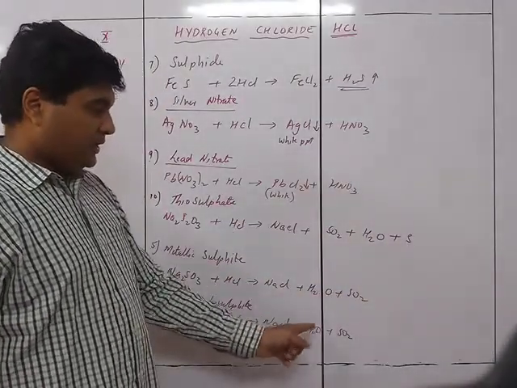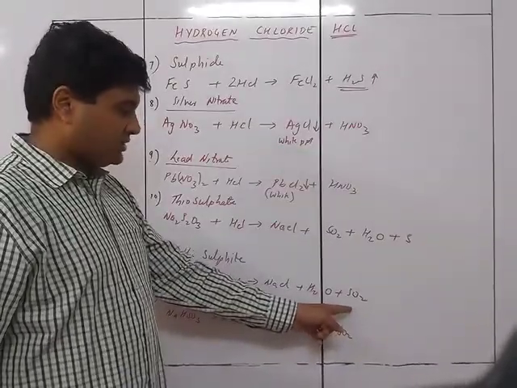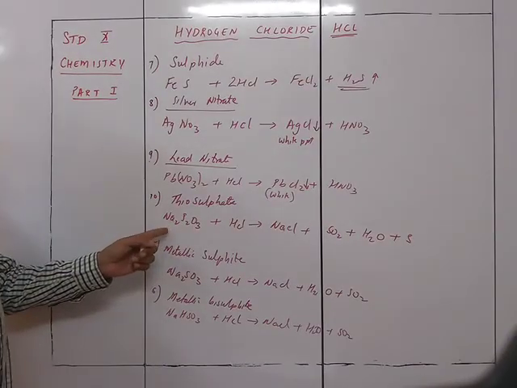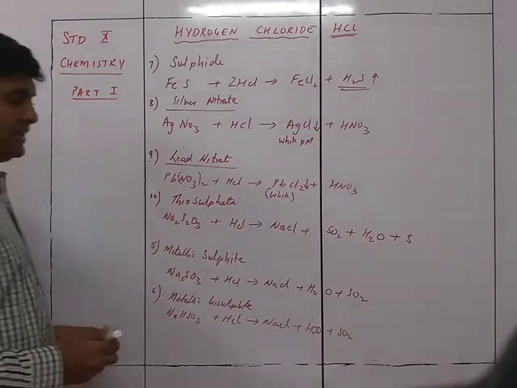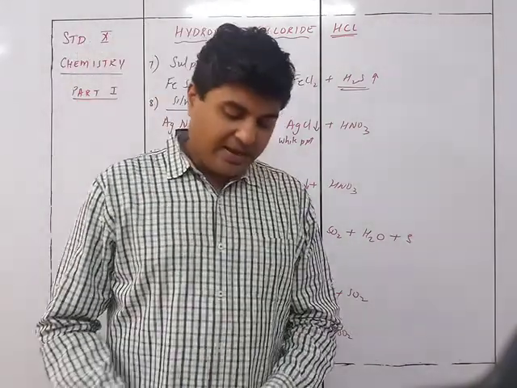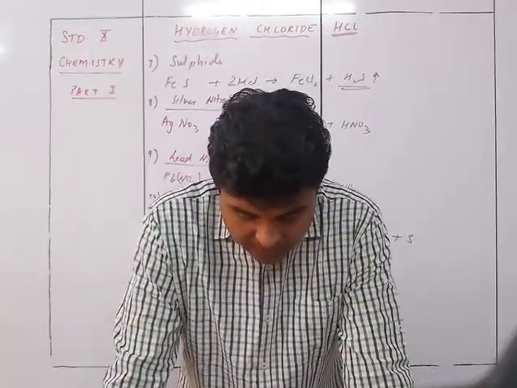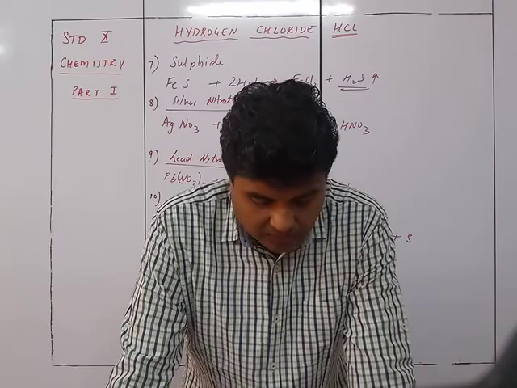In that one there were only 3 products, whereas here there are 4 products. So thiosulfate is Na2S2O3 plus HCl, giving me NaCl plus SO2 plus S plus H2O. So that is how we are getting the reaction with thiosulfate.